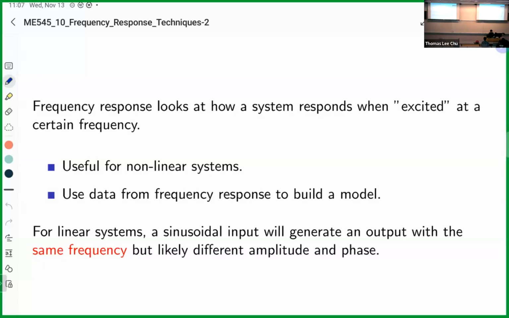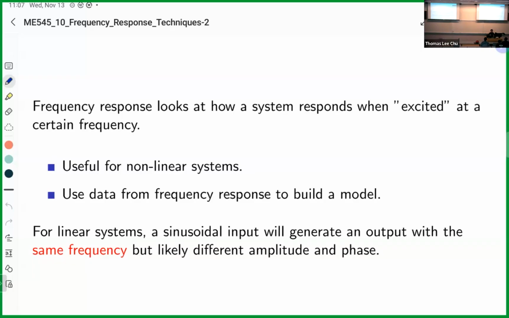because if we have an input frequency, we might get a different frequency on the output. And then we use data from frequency response to build a model. That's kind of like the idea of system identification. And for linear systems, in this class, a sinusoidal input will generate an output with the same frequency, but most likely a different amplitude and phase.